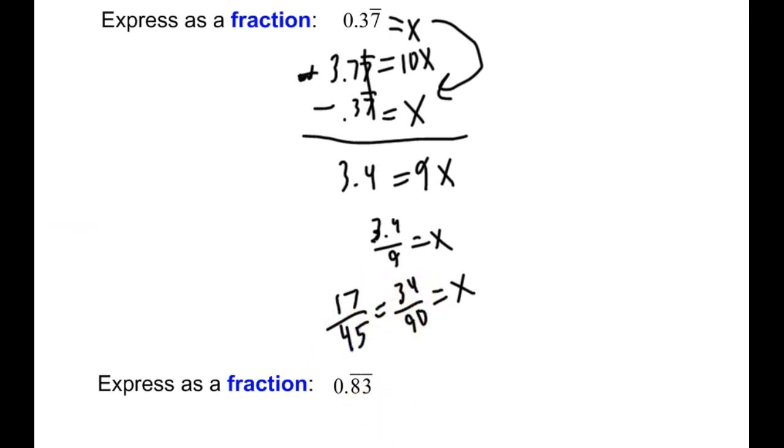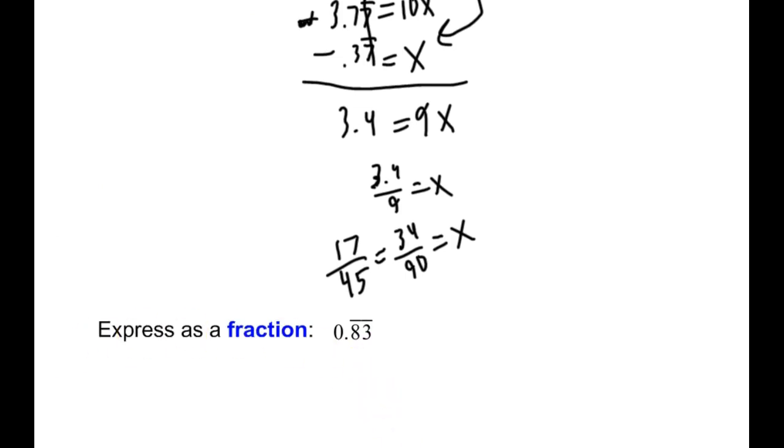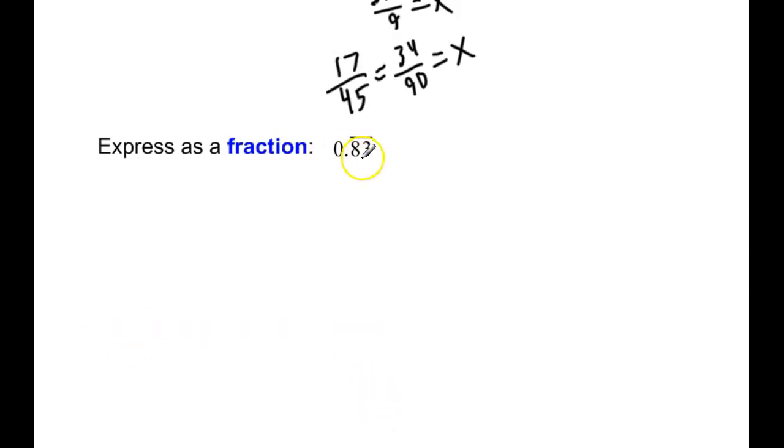Now this is just a little tweak on this, just a little bit harder. I like to challenge you sometimes. It says if I just multiply by 10 here, like if I say x equals 0.83 repeating, multiply by 10 would be 8.38 repeating. That doesn't subtract nicely, so this is a little trick.